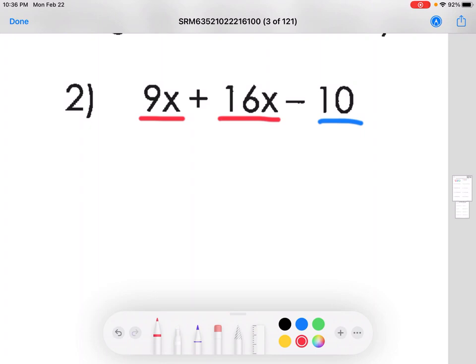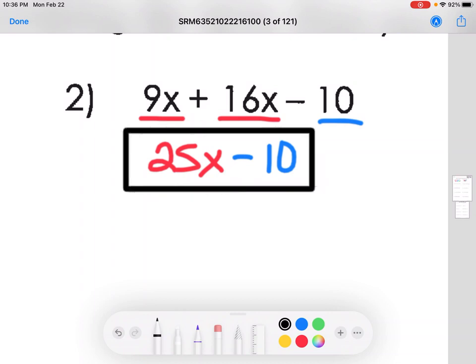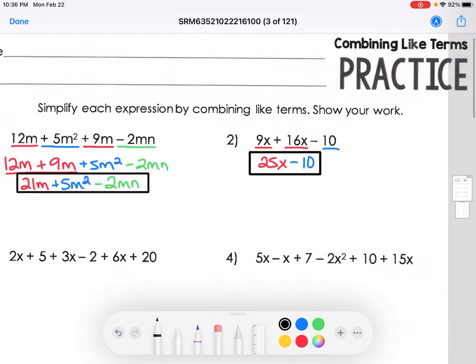So 9 plus 16 is 25. So I have 25 total x's, and then that leaves me with a minus 10. I have nothing else that is a like term, so that would be my simplified answer: 25 times x minus 10.